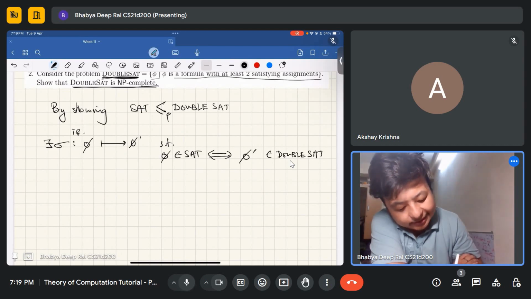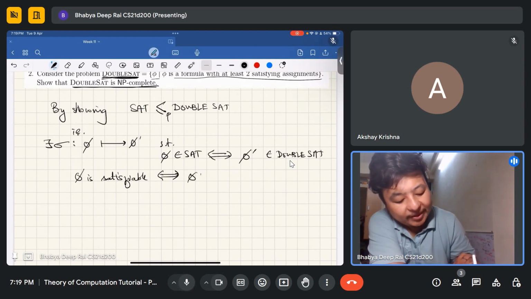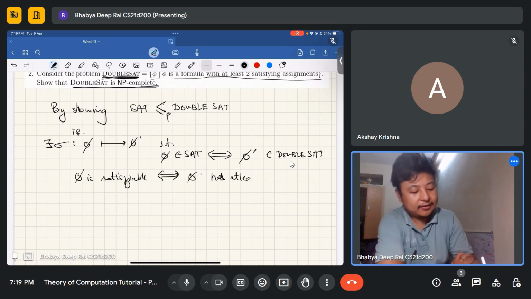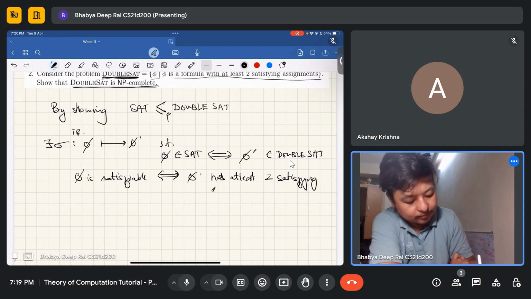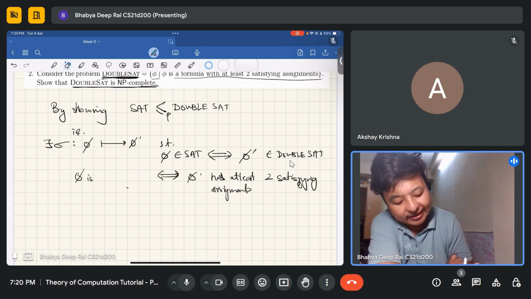What does this mean? This means that phi is satisfiable if and only if phi prime has at least two satisfying assignments. Similarly, phi is satisfiable means phi has at least one satisfying assignment.